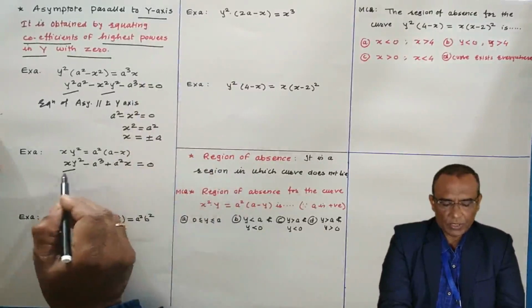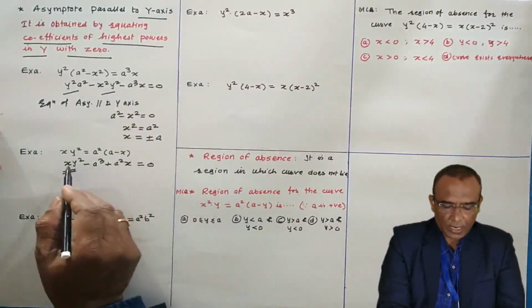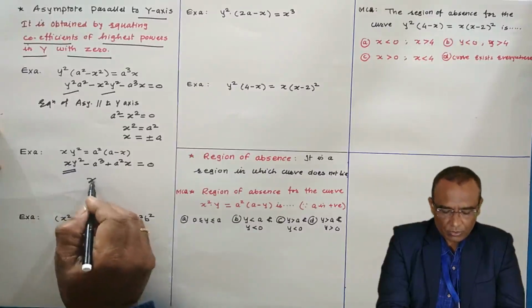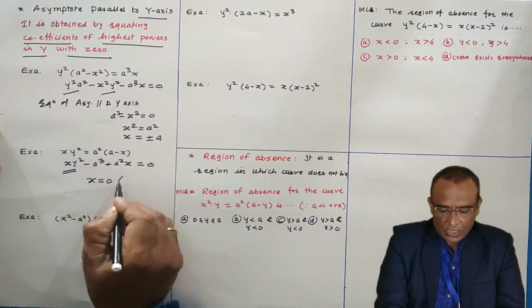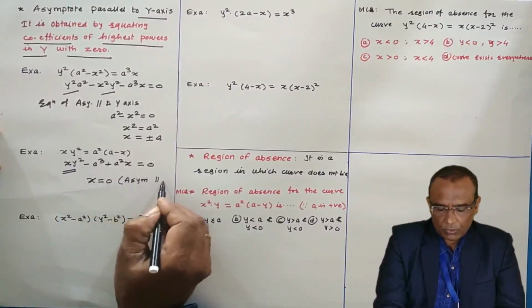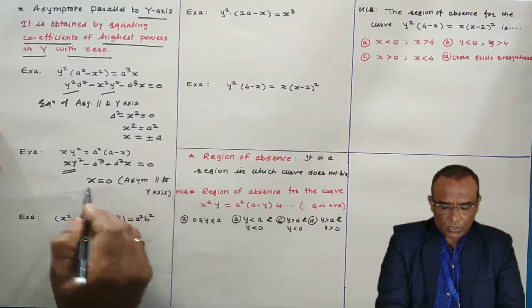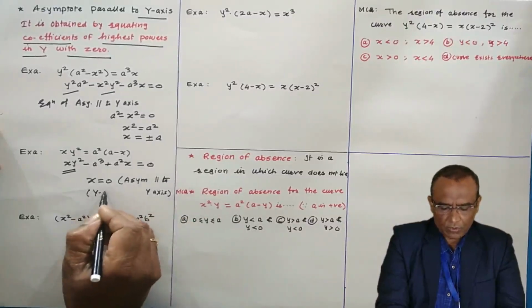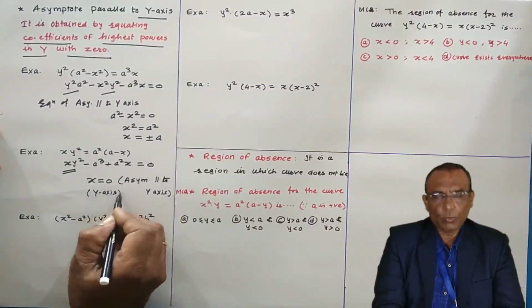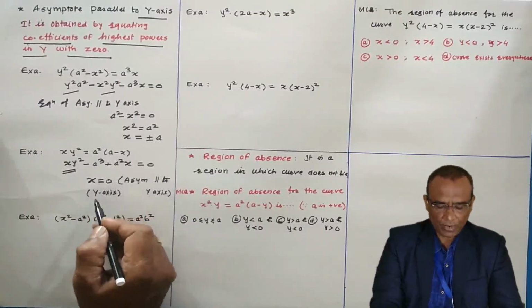Only a single y term is there, and the coefficient of y square, x, is equated to 0. This is the asymptote parallel to the y-axis, and x equal to 0 means the y-axis, because in the options you will be given x equal to 0 or y-axis. x equal to 0 is the equation of the y-axis.